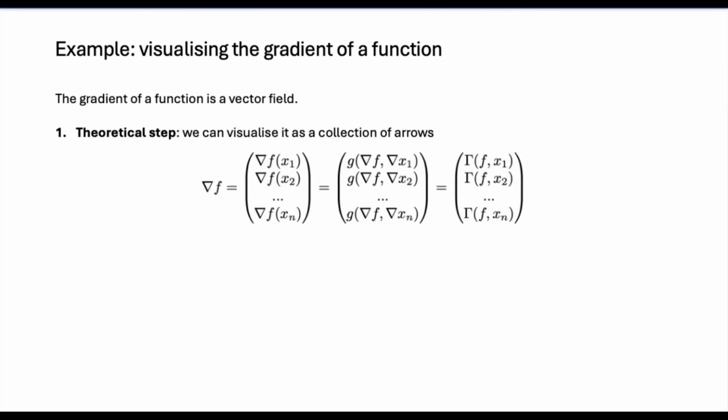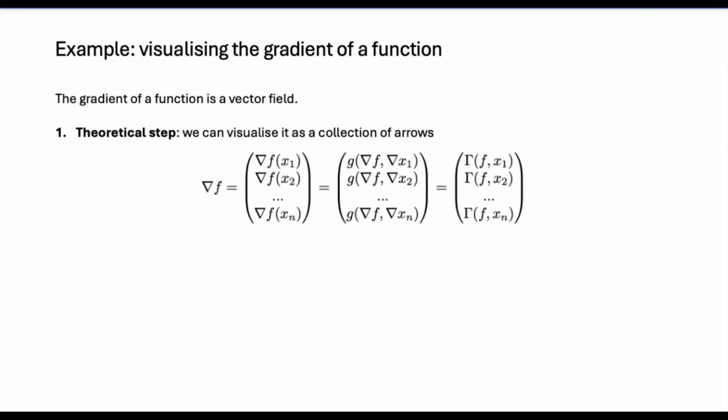We want to visualize that as arrows. The way we can visualize it is having it act on the coordinates. So this is like taking the directional derivative along grad f. So if you've got your n coordinates, this looks like grad f of x1, grad f of x2, all the way up to n. We can do this via this pointwise dot product with the metric. That's sort of the definition of grad f of something.